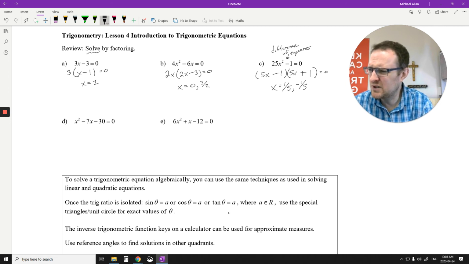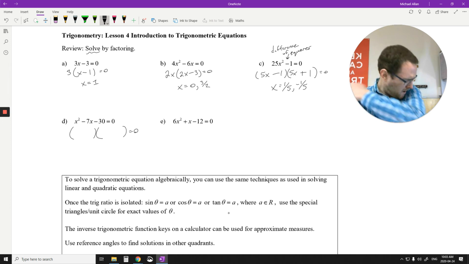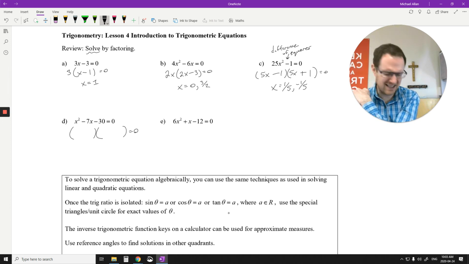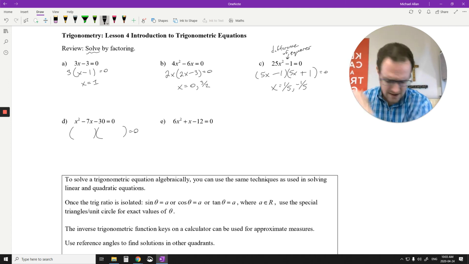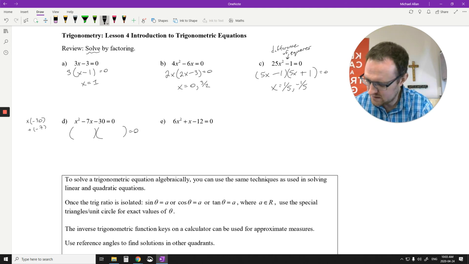These are trinomials now, so you follow the procedure. What multiplies out to negative 30 and adds to negative 7? Sorry about that. So it multiplies to negative 30, adds to negative 7. I'll just go through that really quickly here. Let's see. Divide by 5. Nope.